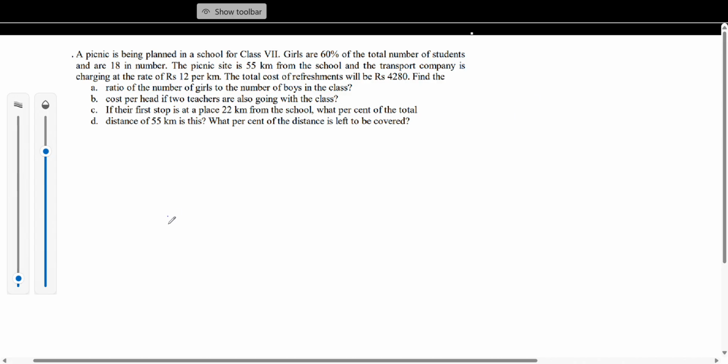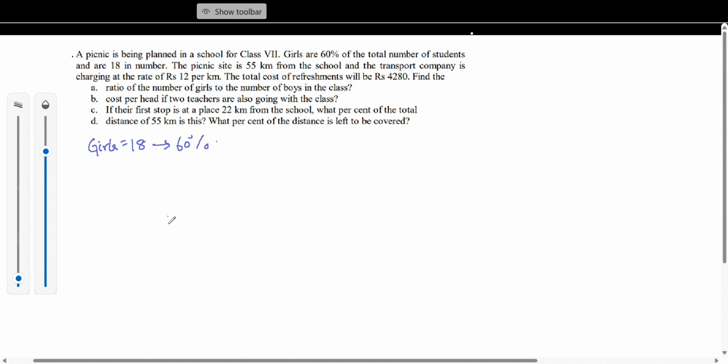A picnic is being planned in school for class 7. Girls are 60% of the total and they are 18 in number, which means the number of girls is 18 and it amounts to 60%.